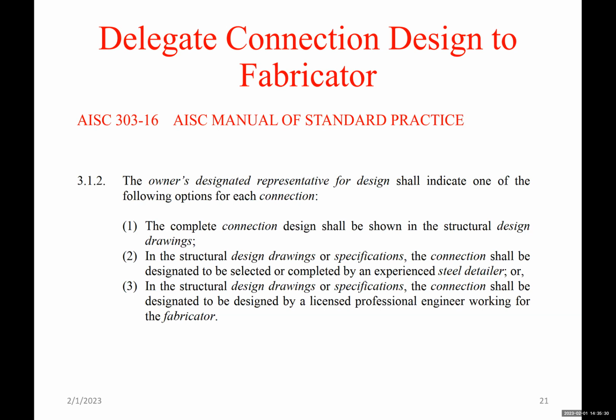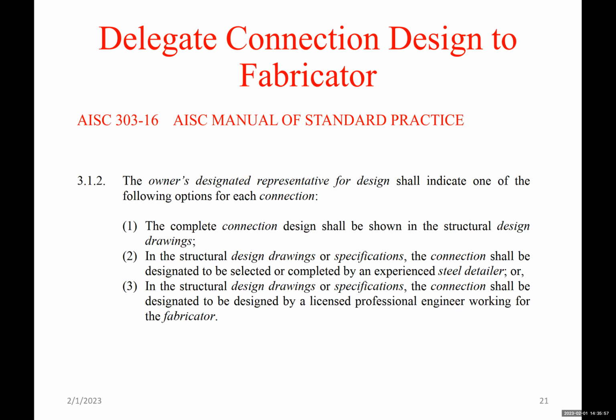Second option: in the structural design drawings or specifications, the connection shall be designated to be selected or completed by an experienced steel detailer. So you give them the forces and let them select and design them, and then you can review them as a structural engineer.